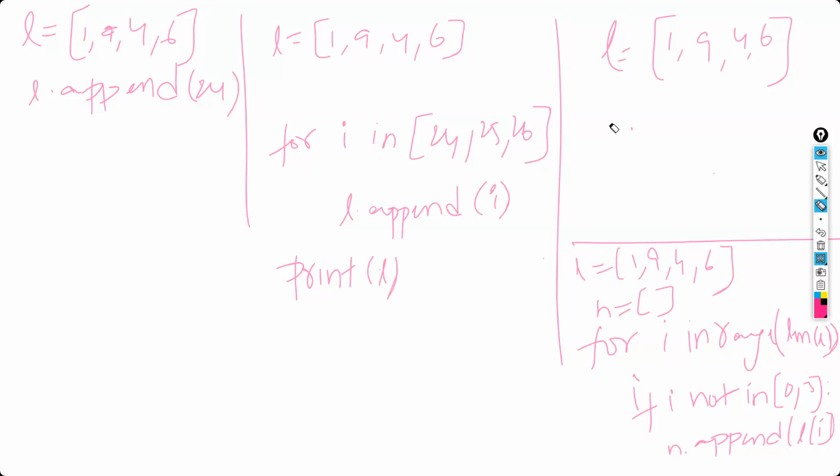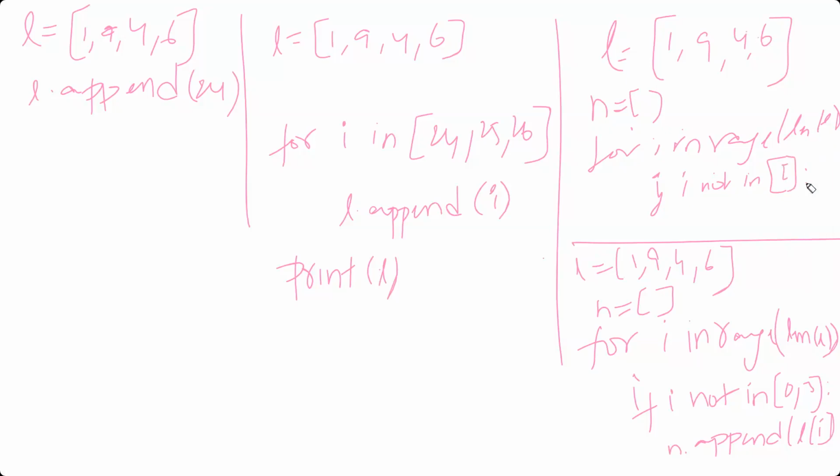Now tell me, what is the answer? N is equal to an empty list, for i in range of length of L. So if i not in list of, what is the number I want not to append? That is 4, which is index 2. And the remaining everything I want to append.